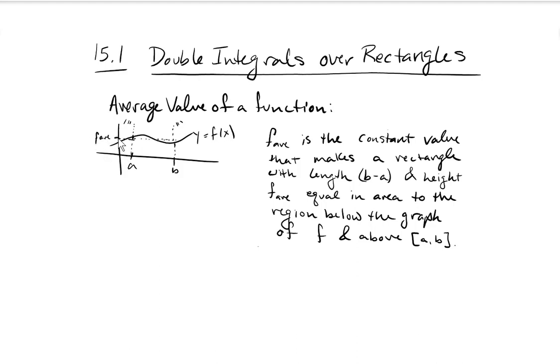It's the height you'd have to have so that the rectangle with a base AB and a height given by f average traps the same amount of area. Maybe let's illustrate this. Let me mark that in blue.